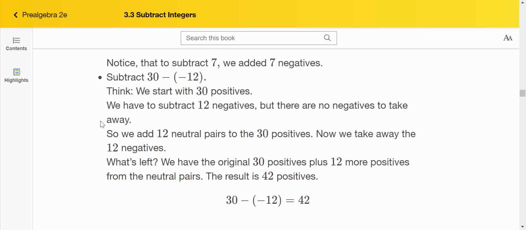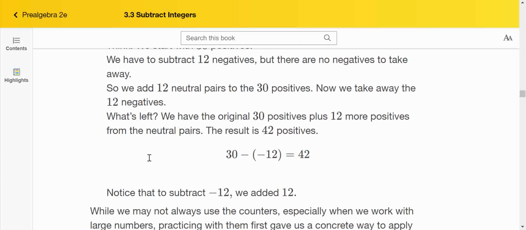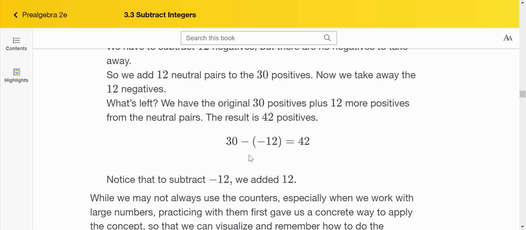We have the original 30 positives plus 12 more positives from the neutral pairs. The result is 42 positives. 30 minus minus 12 is 42. Notice that to subtract minus 12, we added 12.